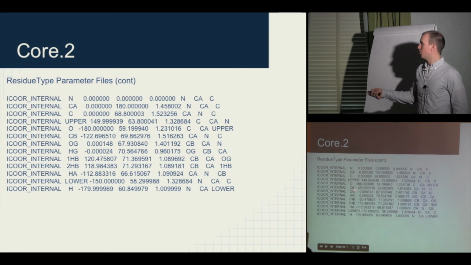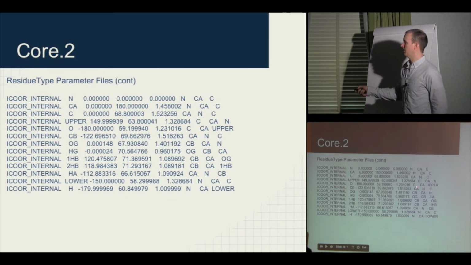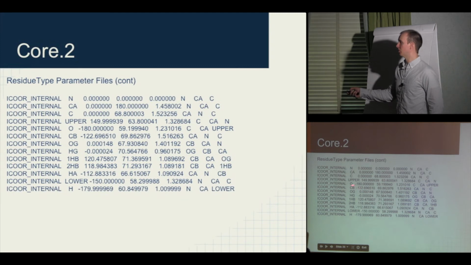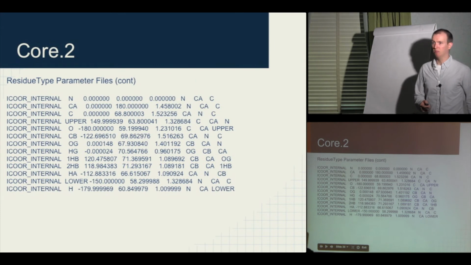So C beta's coordinate is given as an improper dihedral angle off of, so there's the child, C beta, the parent is C alpha, the grandparent is N, and then the great-grandparent is C, but this is the C not from the previous residue, but from itself, from its own residue. So you have phi giving the coordinate of C, but then you use an improper bond dihedral here to give you the C beta coordinate. So that's what's going on there.